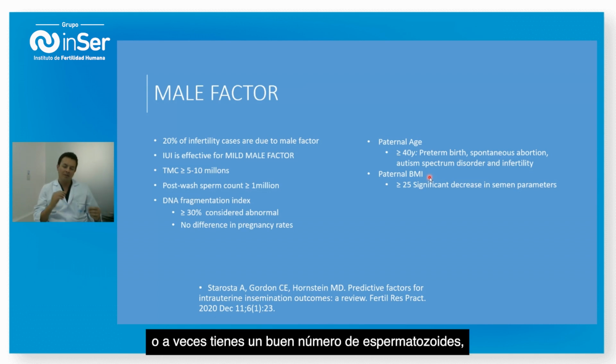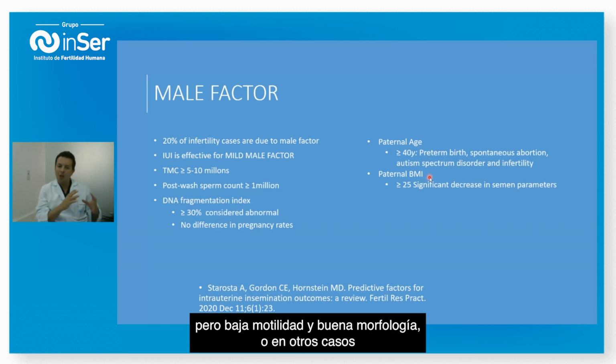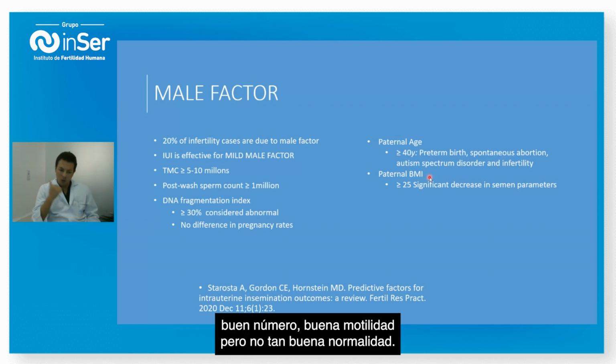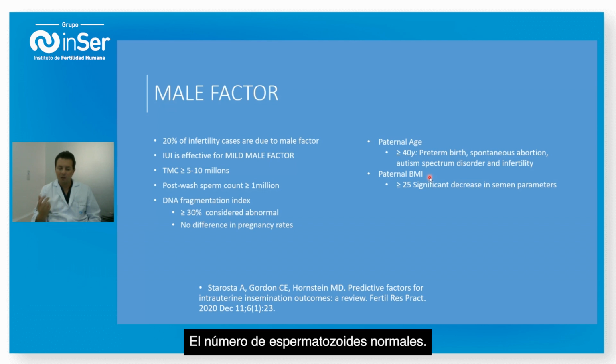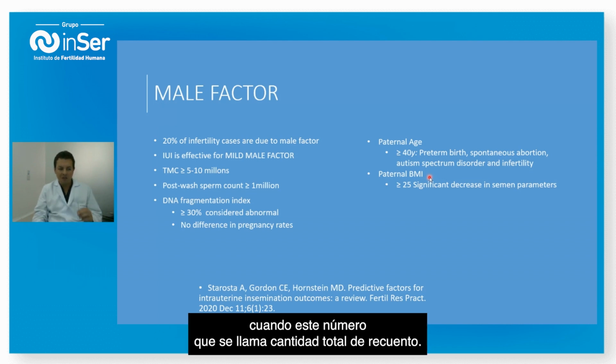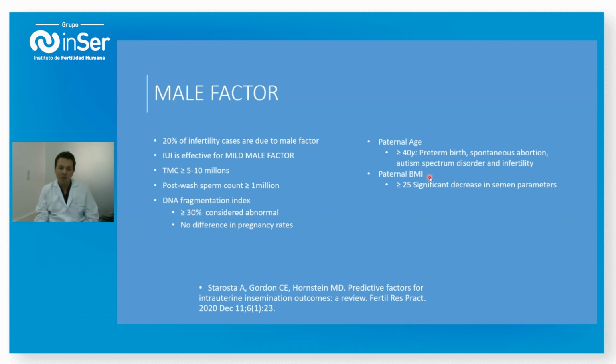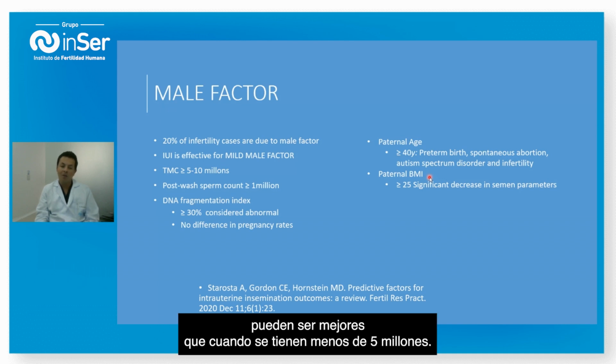Or sometimes you have a good number of sperm, but low motility and good morphology, or in other cases, good motility, but not that good a number of normal sperm. So one way to decide when to do it or when not to do it is with this number called total motile count. And if you have more than 5 to 10 million, the results of the IUI might be better than when you have less than 5 million.